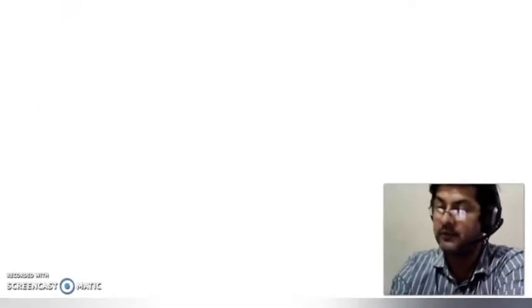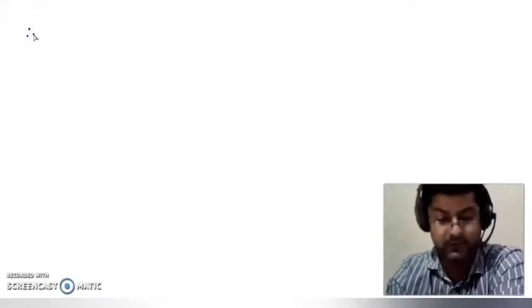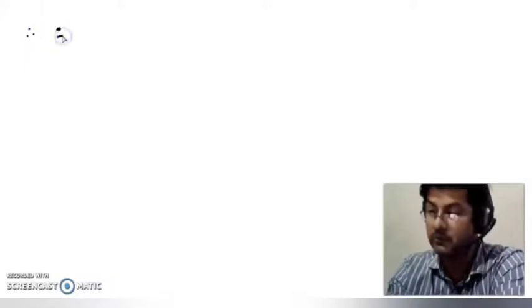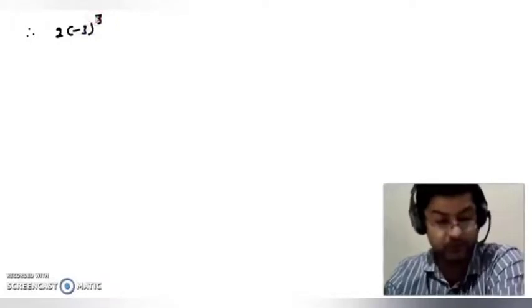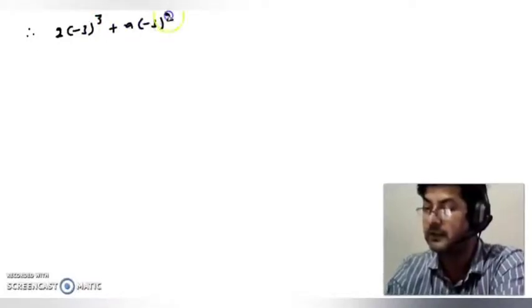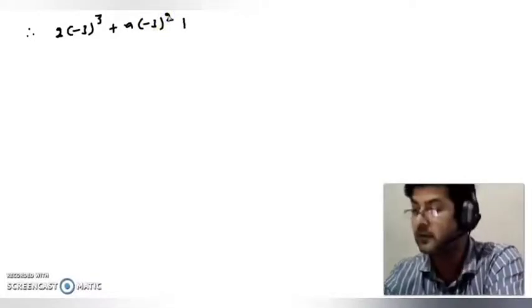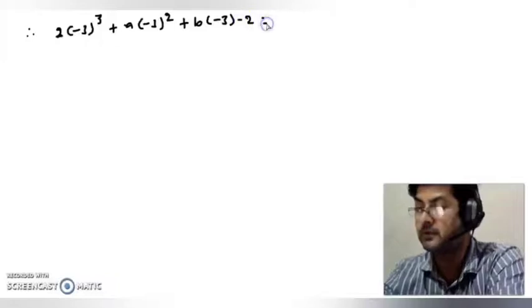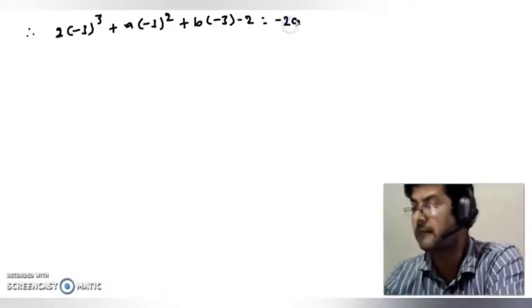And therefore p of minus 3 will be 2 into minus 3 the whole cube plus a into minus 3 the whole square plus b into minus 3 minus 2 is equal to minus 20.